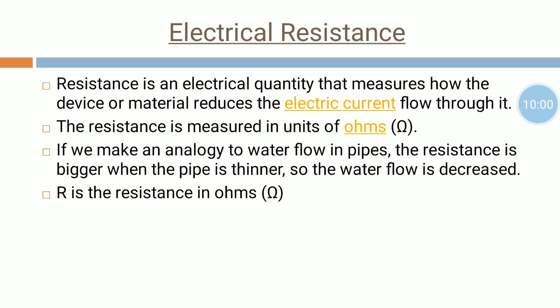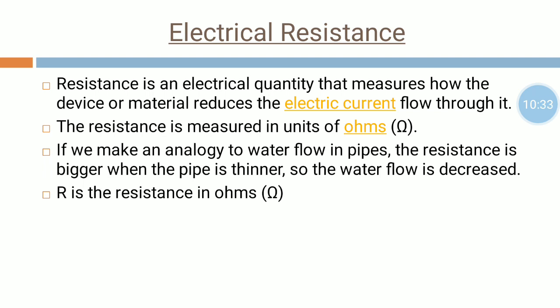As an analogy with water flow in a pipe, the resistance is bigger when the pipe is thinner, so the water flow is decreased. When we reduce the diameter of the pipe, the amount of water flowing through the tube decreases. The same phenomenon happens in the electric circuit.